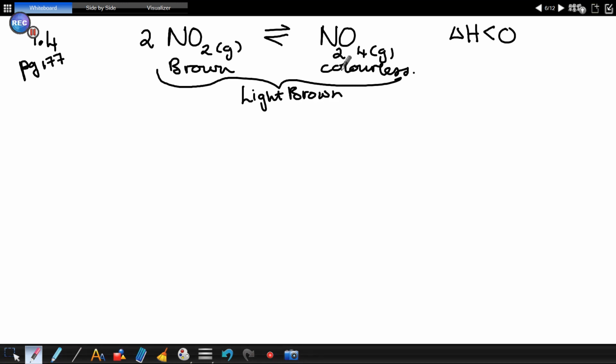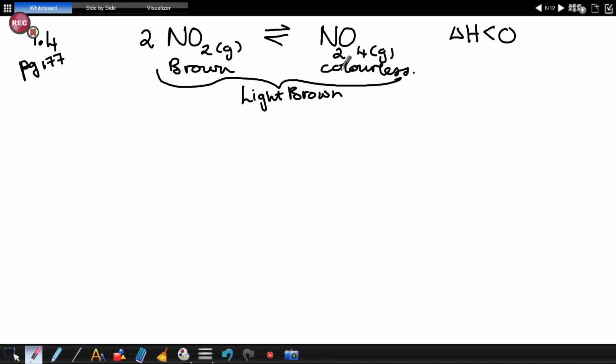Then they say the flask is placed first in hot water and then in ice. Decide which flask contains more nitrogen dioxide and which contains more dinitrogen tetraoxide. Then use Le Chatelier's principle to explain the appearance of the flask 2 and the flask 3.